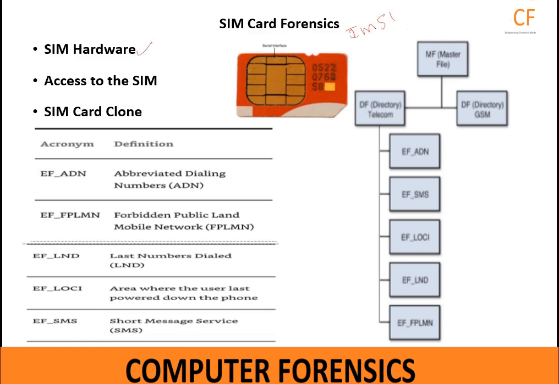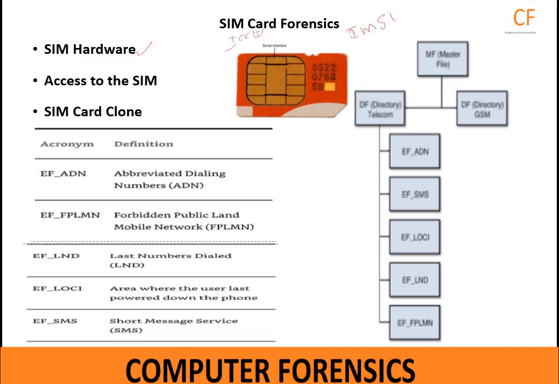SIM hardware. SIM cards have different form factors. Mini SIM is 25mm by 15mm, and micro SIM is 15mm by 12mm. Printed on the outside is a unique serial number called the ICC ID.